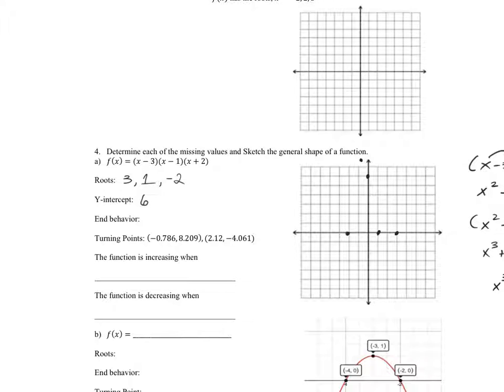And we're now going to graph positive 2.12, so that would be around here, and negative 4.061, so it'll also be around here. Okay, and knowing that the x cubed is positive, it would look something like this. Alright, so let's connect the dots.